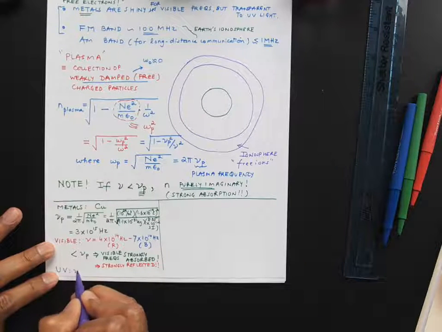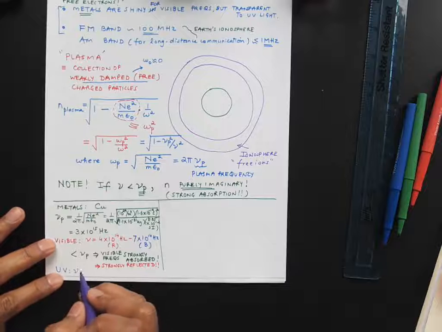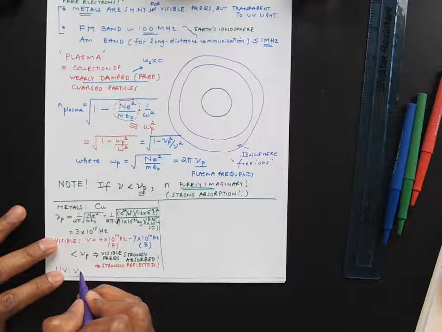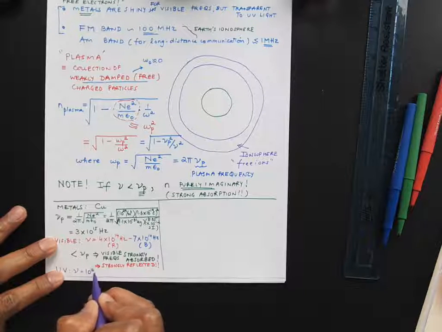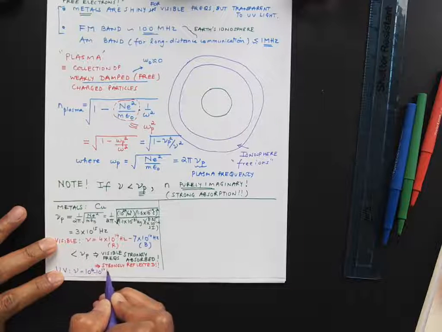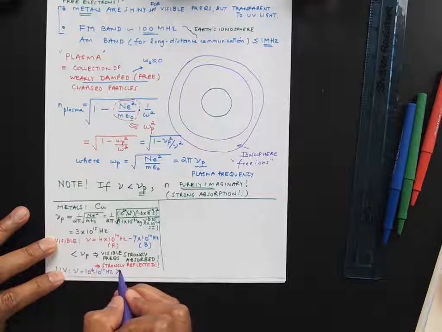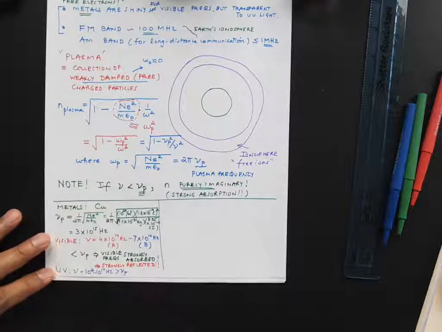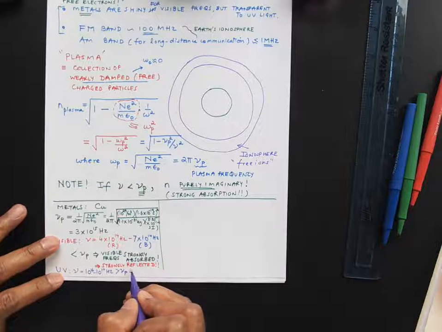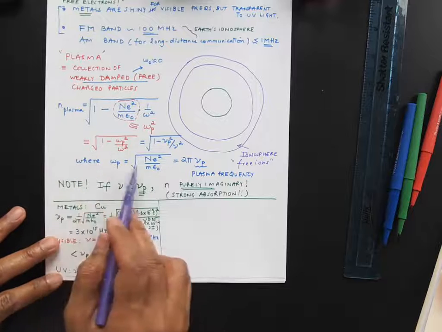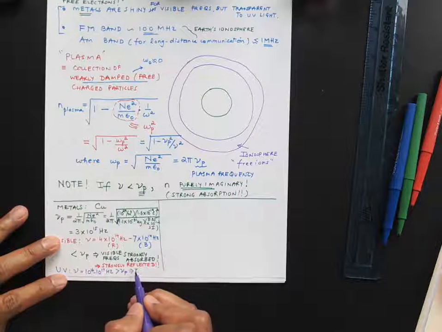On the other hand, UV light, the frequency is 10 to the 16 to 10 to the 17 hertz, which is greater than the plasma frequency. And so therefore, there is a real refractive index, and they're transparent.